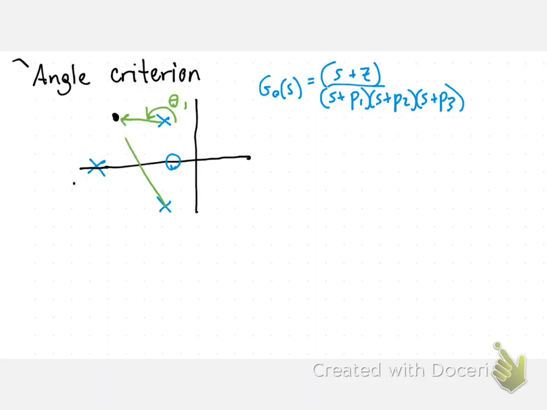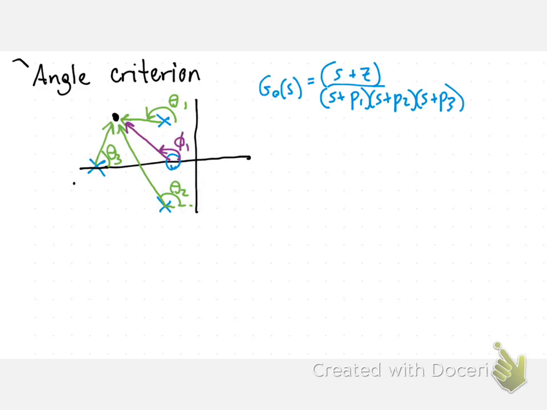We're going to have it starting at our other pole, going to our desired pole location. This will be theta 2. We always measure from the horizontal. And here we have theta 3. If we measure from our zero, take an angle, measure to that point, this will be phi 1.